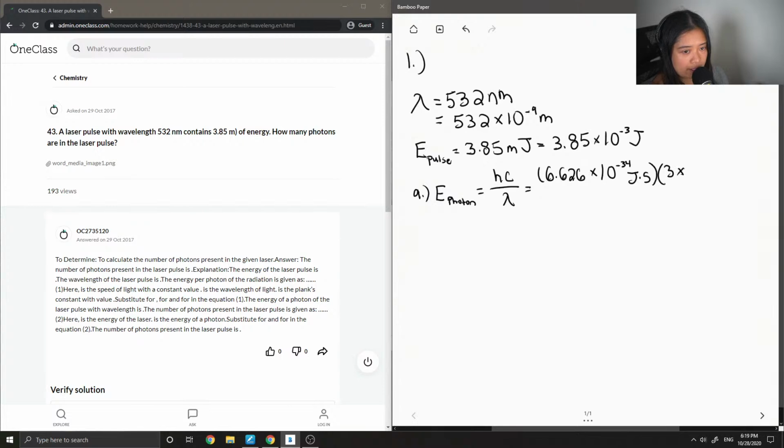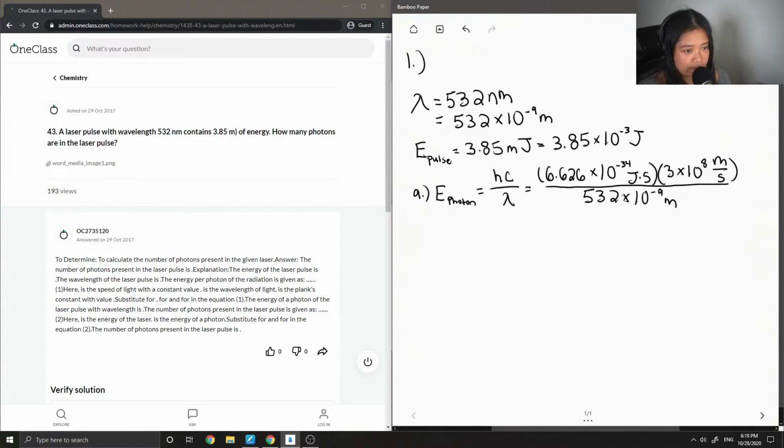The speed of light is 3 times 10 to the 8, and its units are meters per second. This is why I converted the wavelength to meters, because I can just plug it in right now. At the bottom, the wavelength is 532 times 10 to the negative 9 meters.